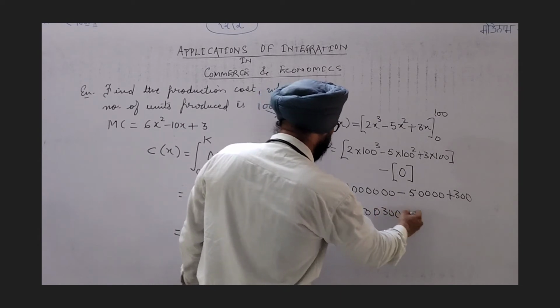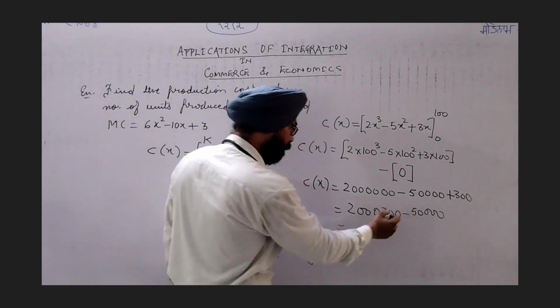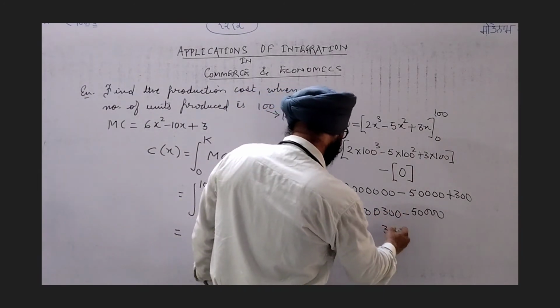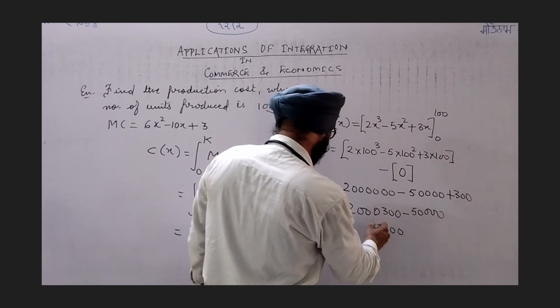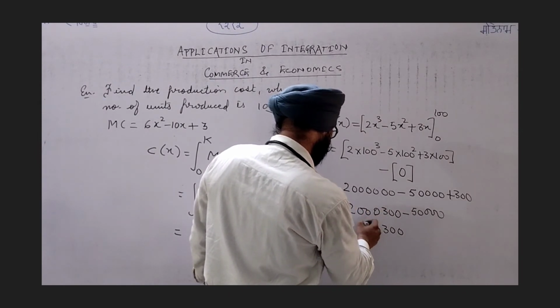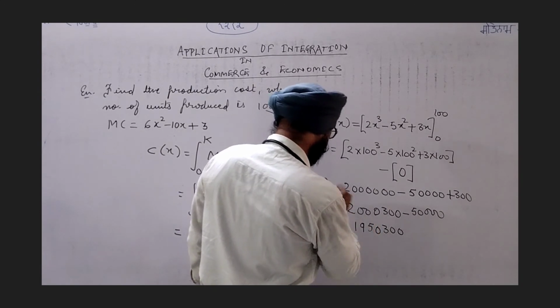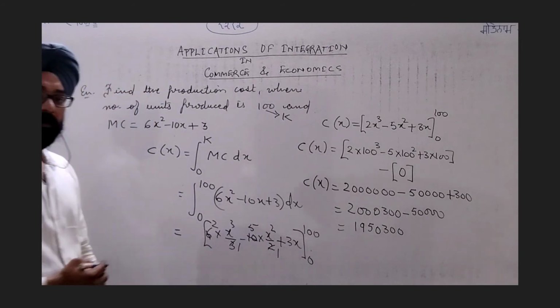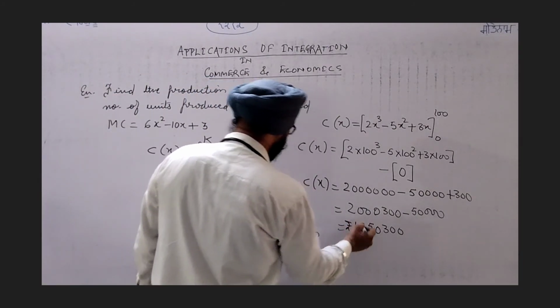Let me slowly calculate. No need to rush. 300, then we get 0 here, then 5, here we get 9 and 1. Check. This cost we have got is the production cost for the targeted value 100.